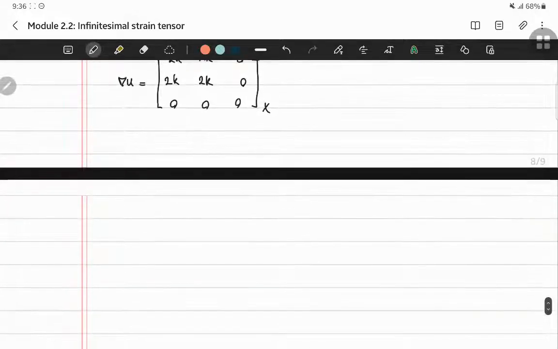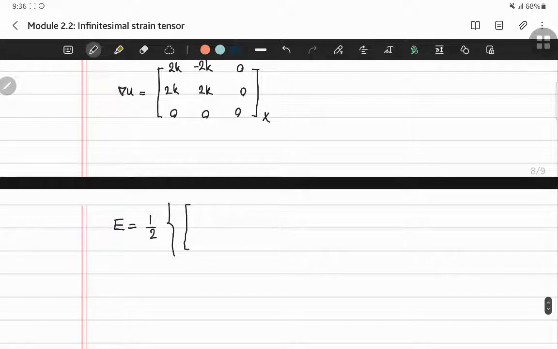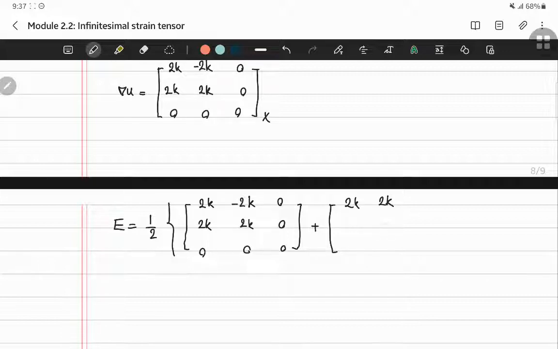Therefore, E is half of, right? So I have 2k, minus 2k, 0, 2k, 2k, 0, 0, 0, 0, and the transpose of this tensor, basically just 2k, 2k, 2k is minus 2k, and these are all 0.